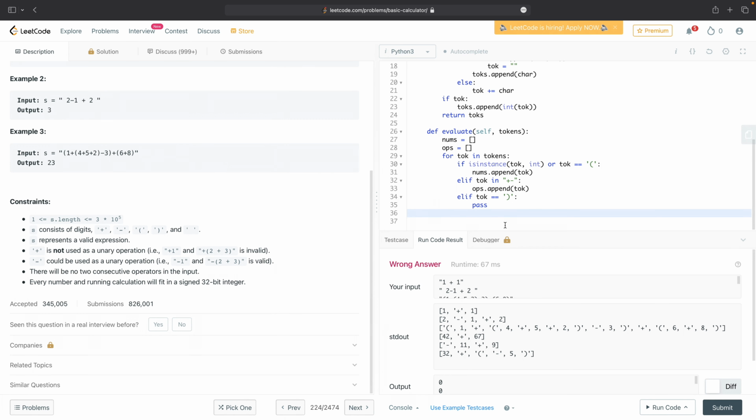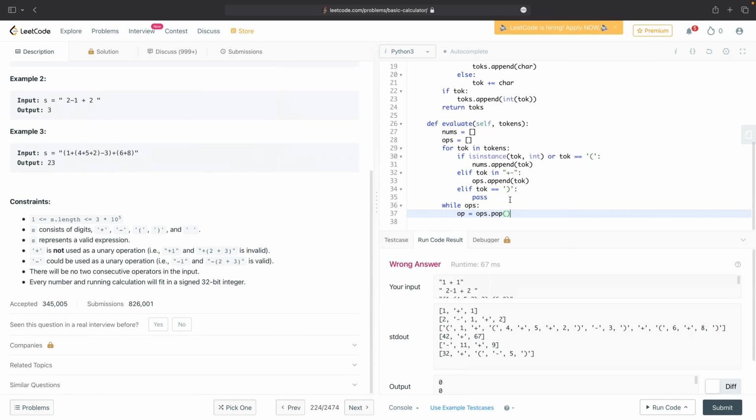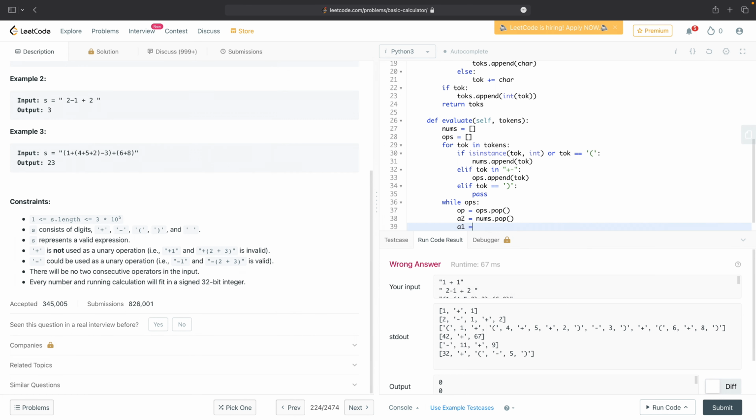And the idea is while ops, op is ops.pop. We want to work backwards down our ops stack. A2 is nums.pop. A1 is nums.pop.